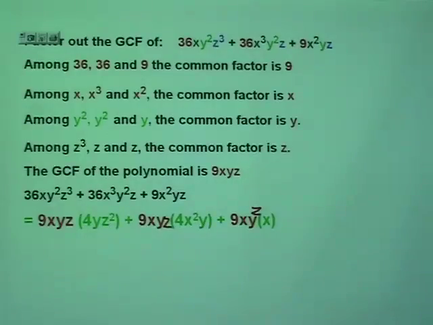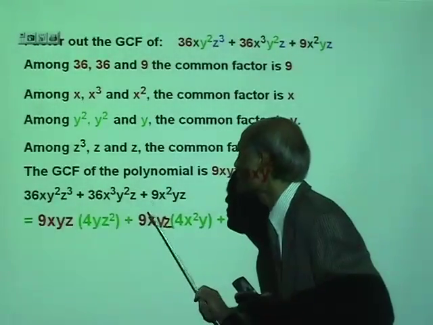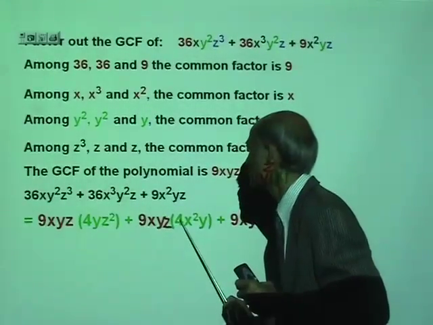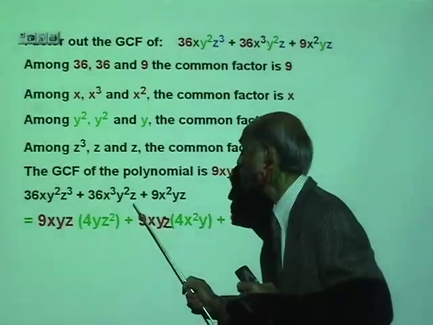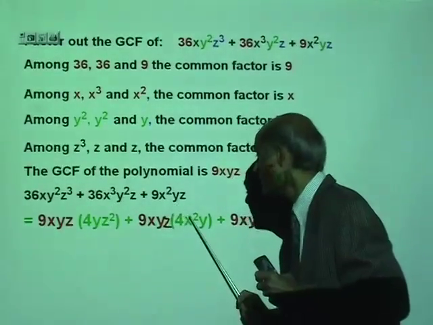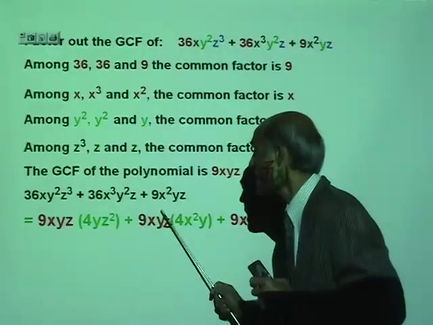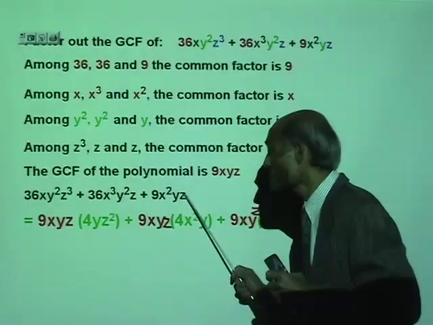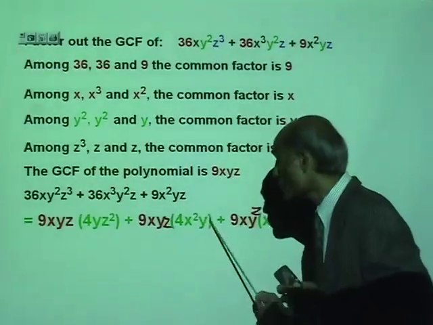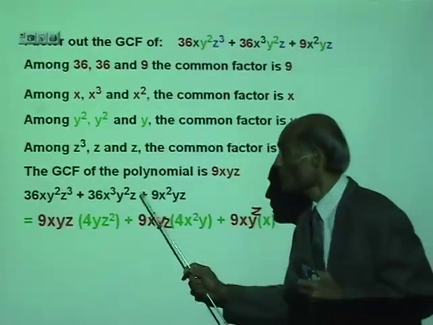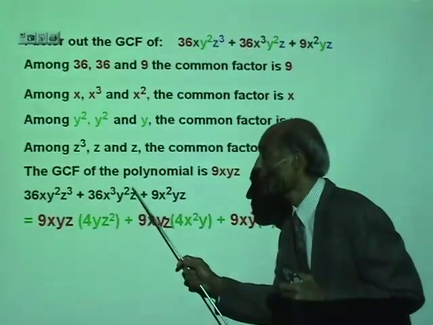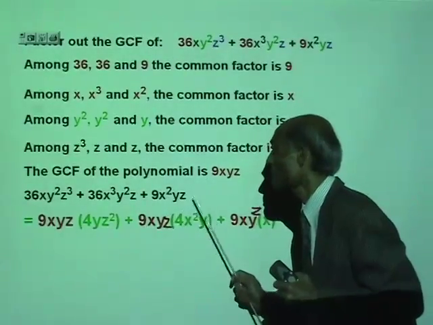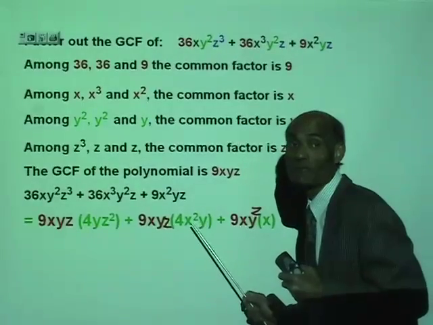After removing the 9xyz, what is left in the second term? 9 times 4 is 36, there's a 4 there. x times x squared is x cubed. y times y is y squared, so there's a y there. And z times 1 is z, of course, you don't need 1. So 36x cubed y squared z is 9xyz multiplied by 4x squared y.